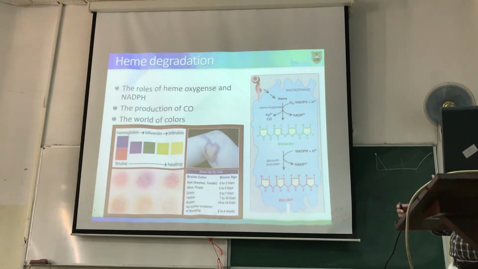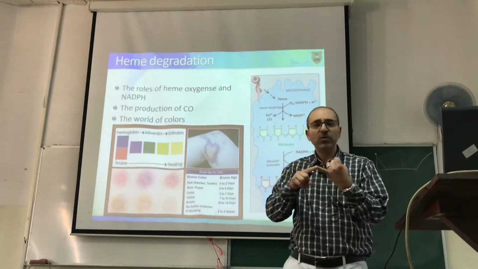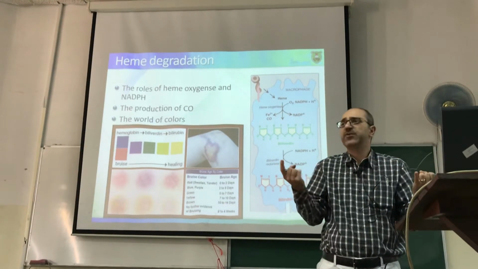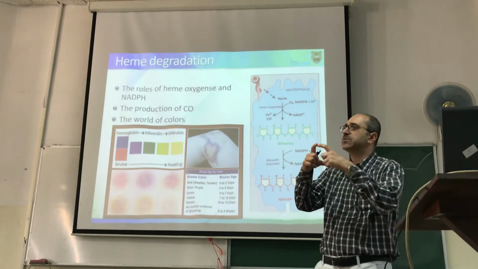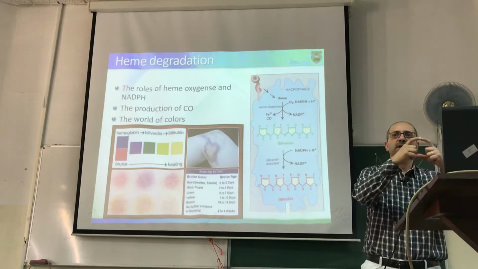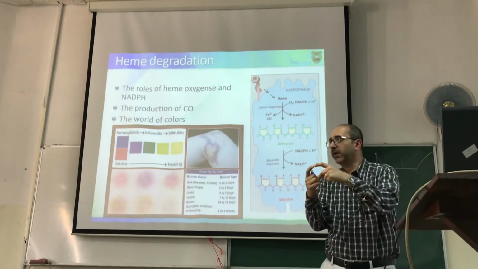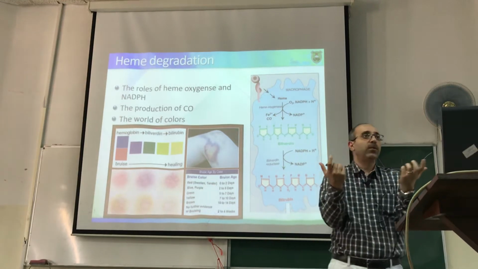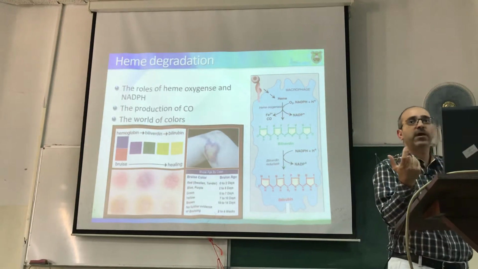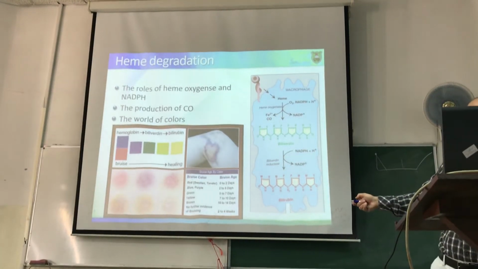Once you have a bruise, you have release of hemoglobin. Hemoglobin is red in color, so you have the bruise having a red color. Now, what happens then is that the heme, the ferrous iron, is converted to the ferric iron. Now, it looks bluish, not red anymore. So the color then becomes blue as a result of that.